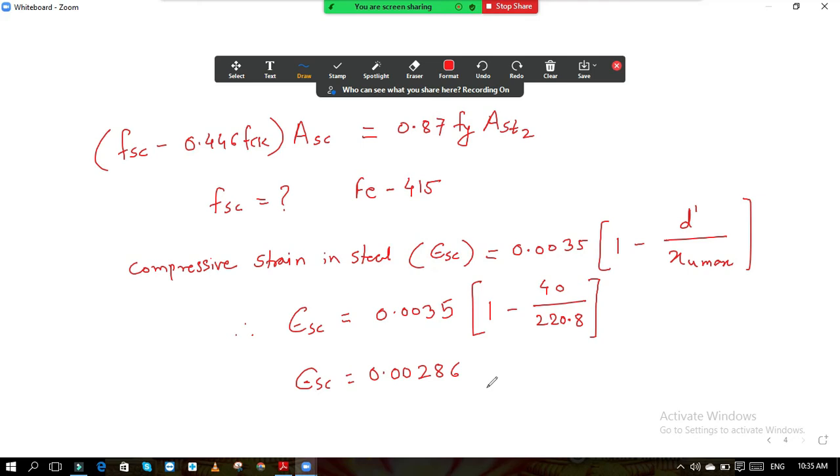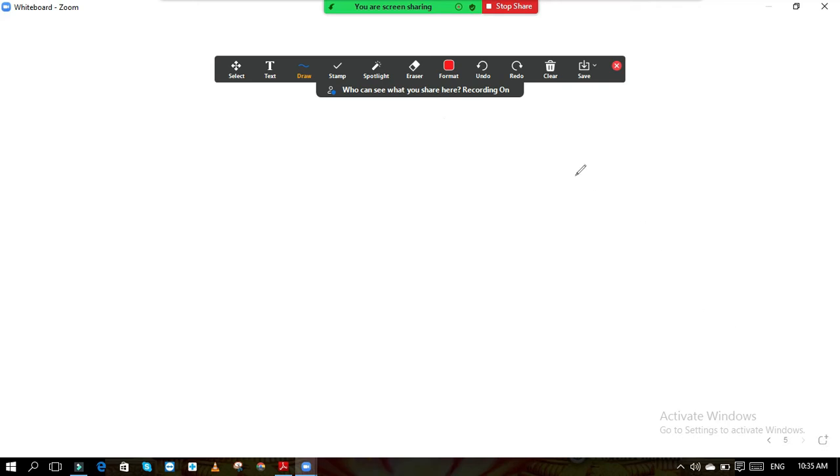Now from the value of this strain, go to the table which I have given to you already. For the Fe415 table, look at the value of strain and look at the corresponding value of stress. See whether we are getting a direct value or what. Now if you refer to the table for Fe415, the value 0.00276 is there.